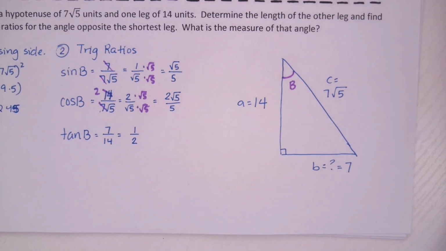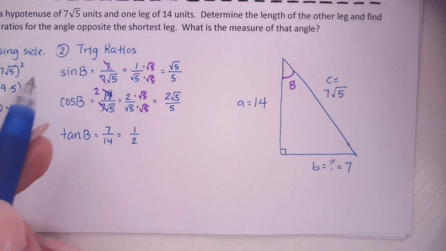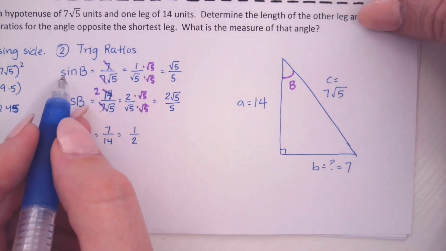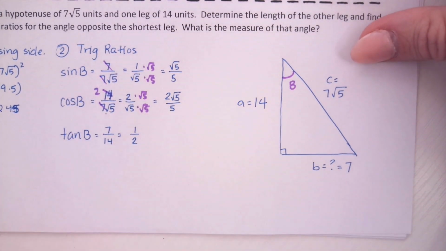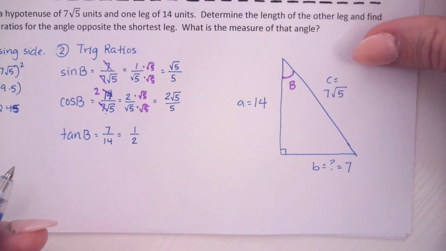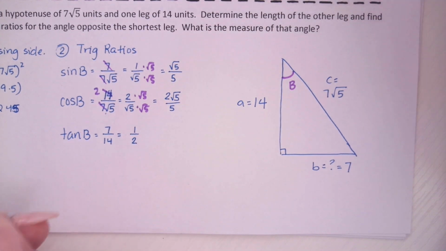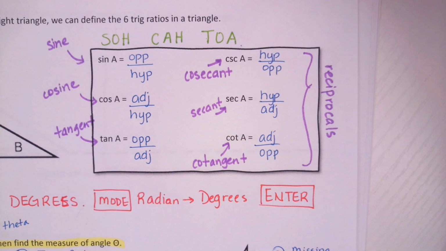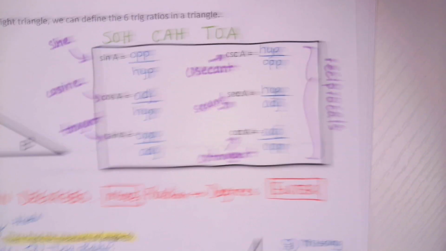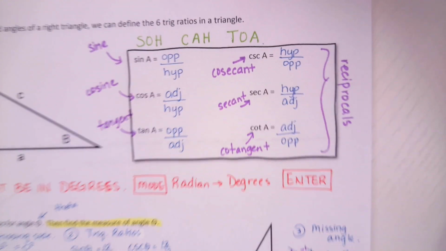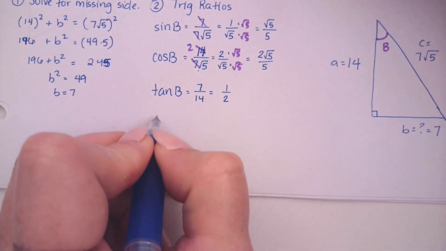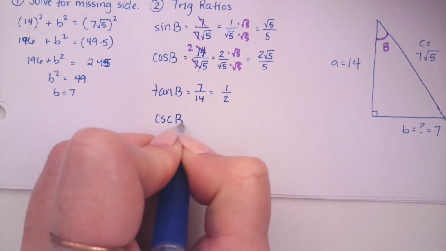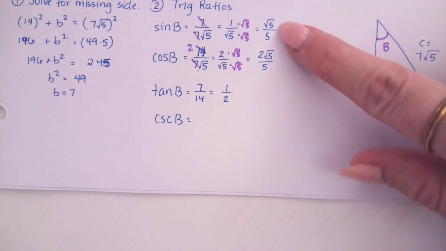Okay, reciprocals now. Reciprocal of sine is which one again? Reciprocal of sine is, we wrote it up top, cosecant. Cosecant of B. Okay, here's what we're going to do.